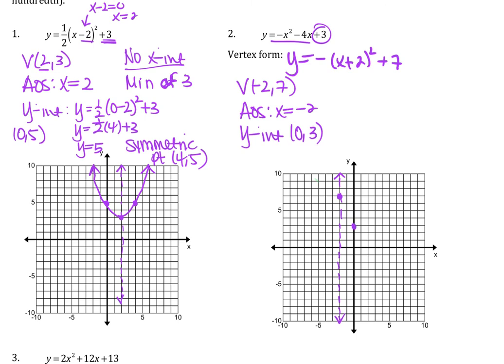So my symmetric point, if I reflect that point over my axis of symmetry, it's 2 units away. So I go 2 units in the opposite direction. And that gives me a symmetric point, which is -4, 3.